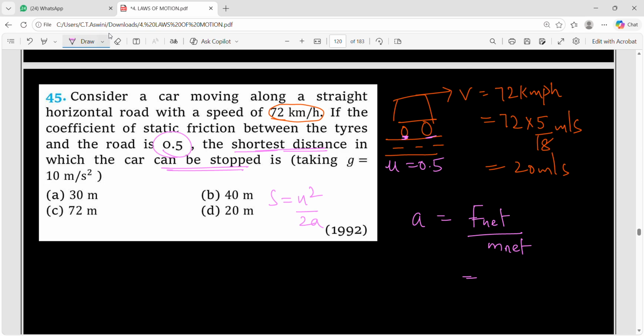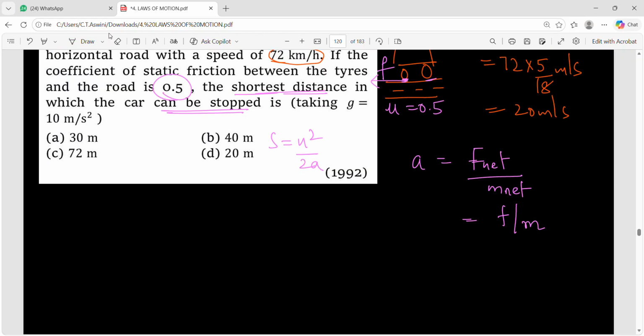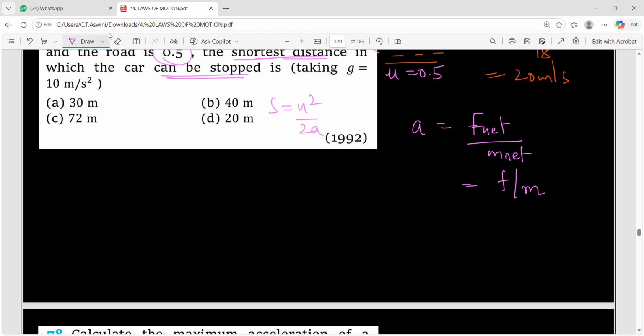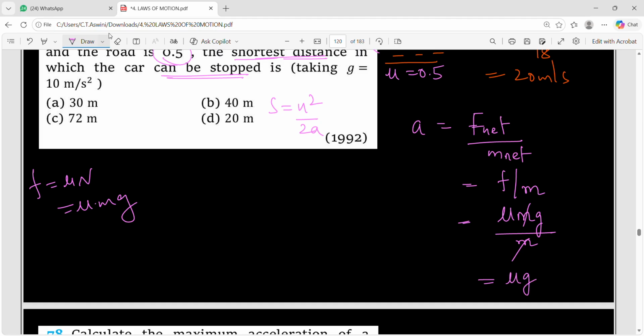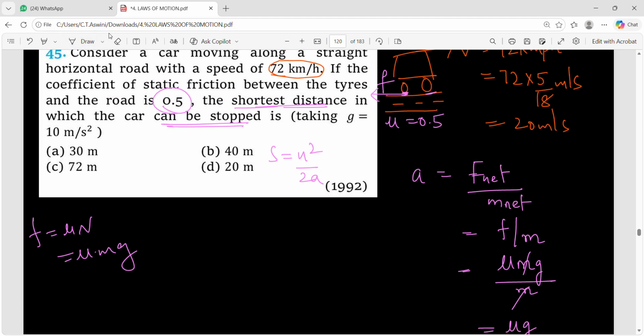There is no forward force given. The only force that we have is the frictional force in the backward direction. And what is that frictional force? Mu into n. All the time we have to do this. So mu into m into g, so mu mg upon m. M cancels, you'll get mu into g.